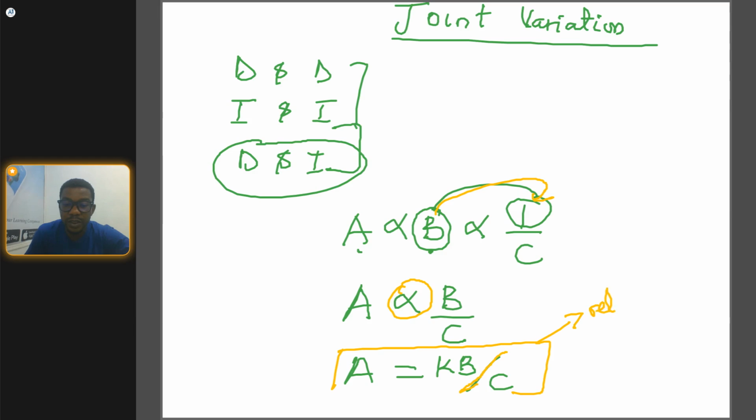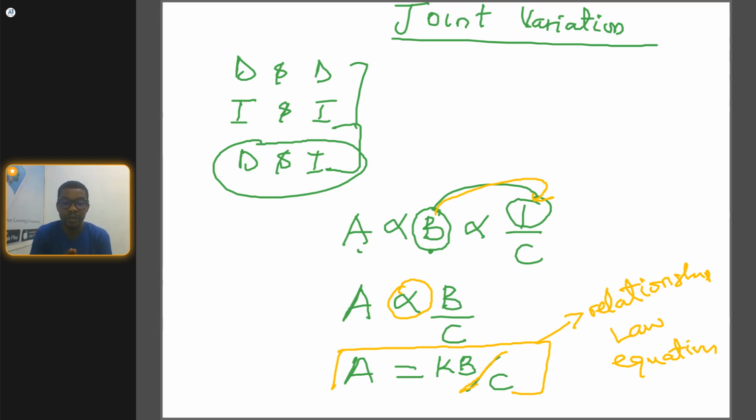This is the relationship also for the joint variation, the law, or the equation.